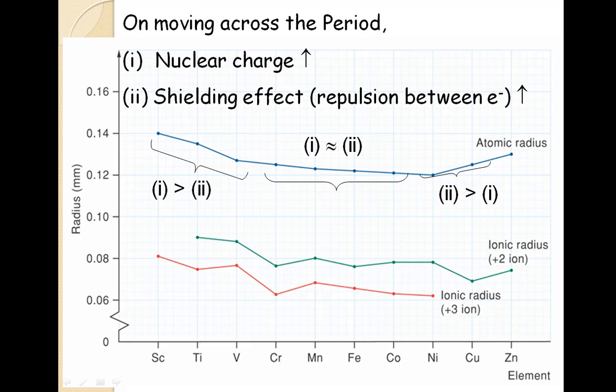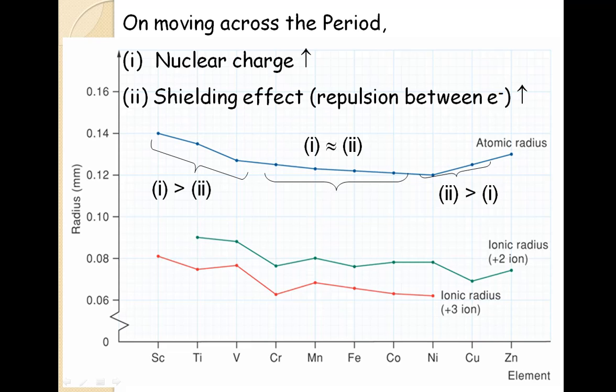With the increase in atomic number, nuclear charge also goes on increasing, meaning electron clouds are pulled closer to the nucleus. That's why atomic size goes on decreasing. So, in the first three elements, we can say factor 1 dominates over factor 2.